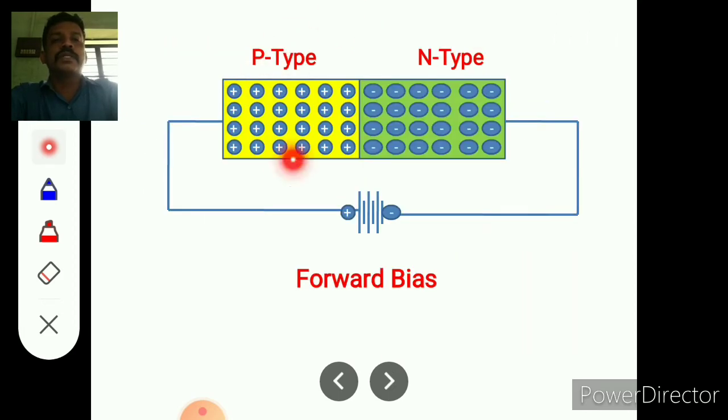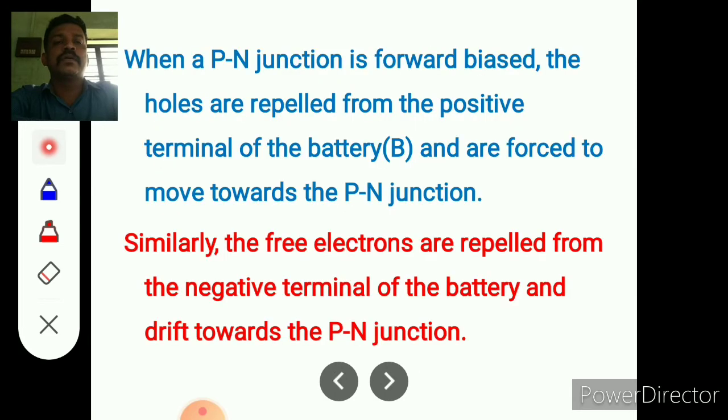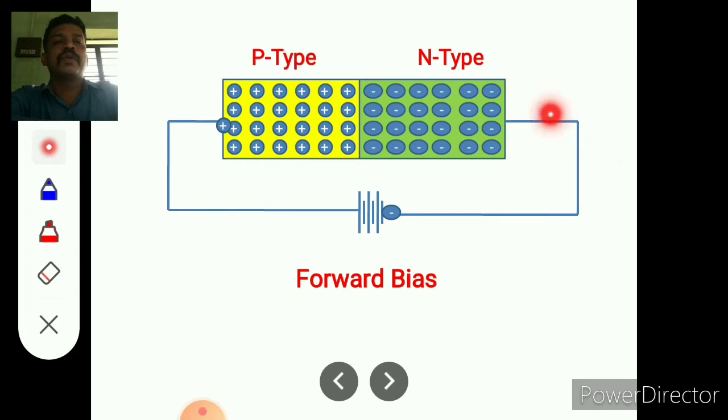Now here is the forward bias, how the forward bias will work. P-type semiconductor is there, N-type semiconductor is there, and here positive holes come from the positive terminal to the P-type, and similarly the electrons move from the negative terminal of the battery to the N-type semiconductor.